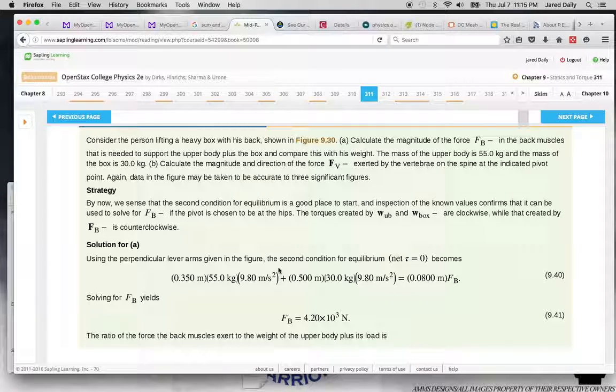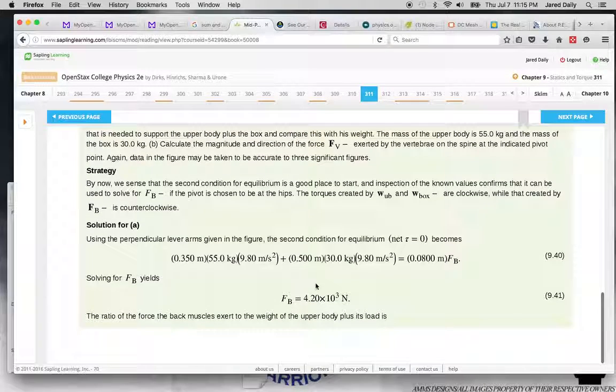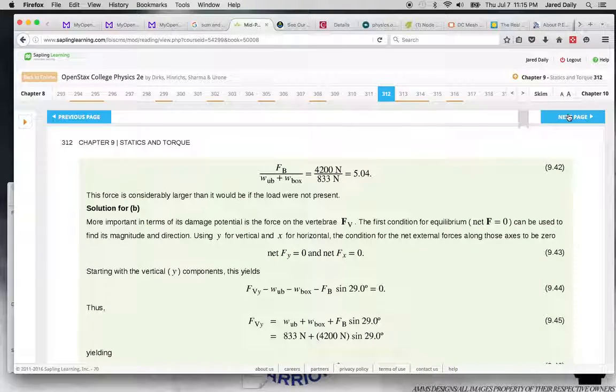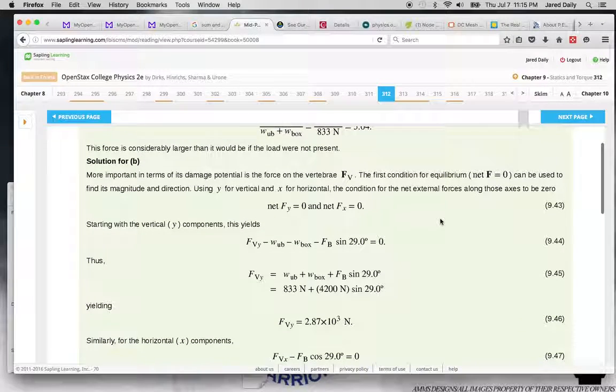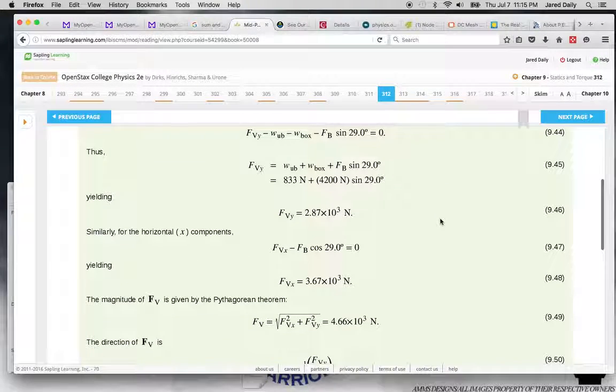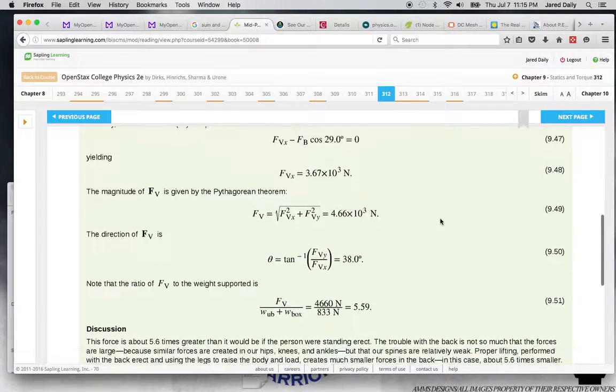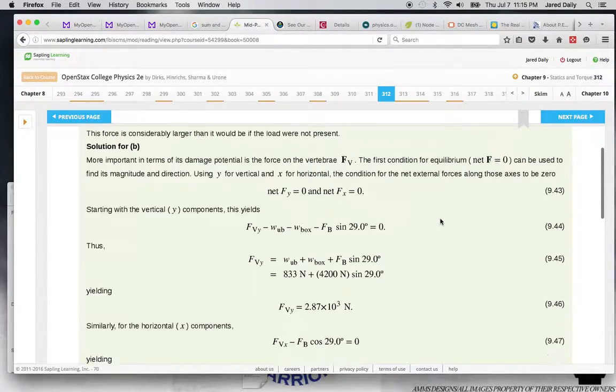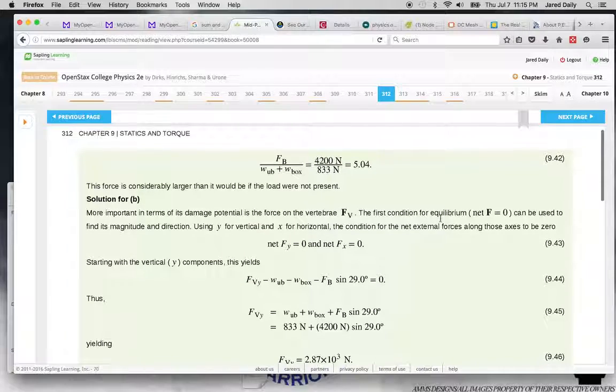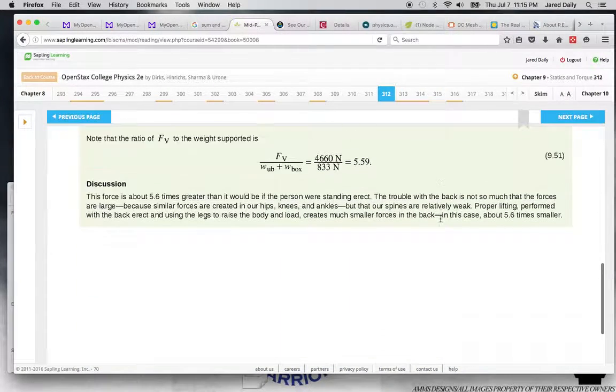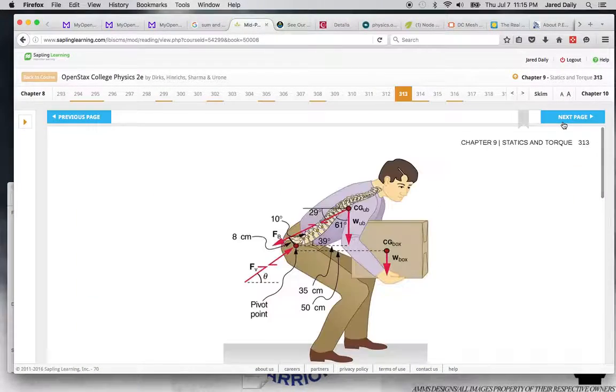So different muscles at different distances, and then they're able to calculate that. So yeah, that can be pretty bad news.